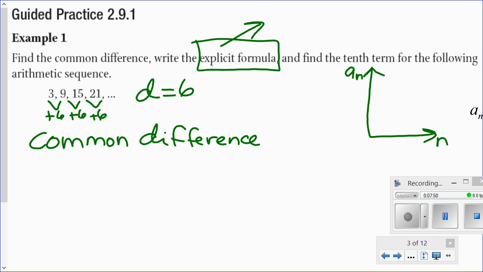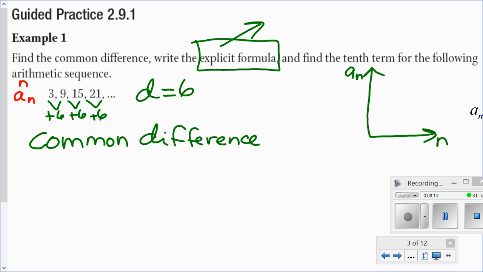And that's our common difference. And the way we find our common difference, well, let's talk about this. So our input each time, when we have a sequence, they are separated by commas.